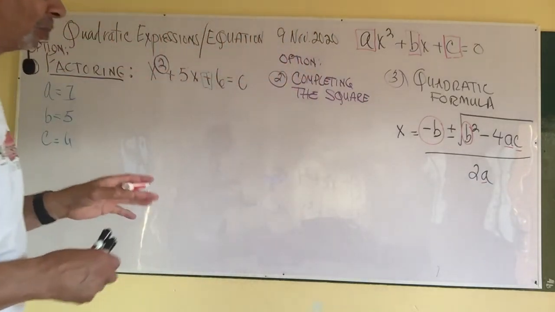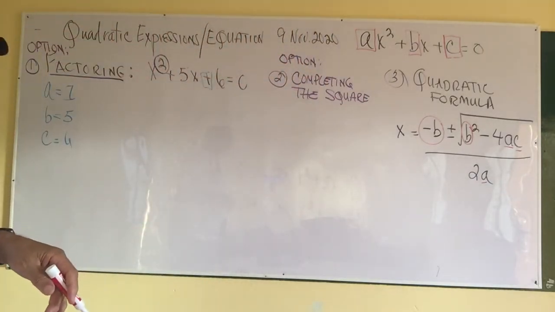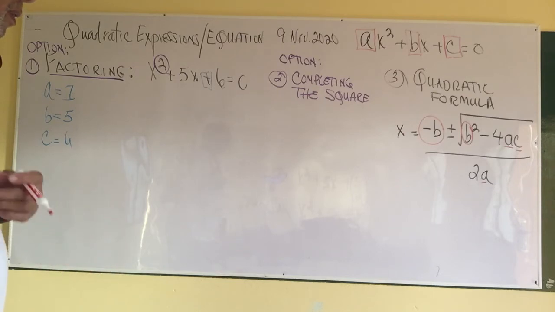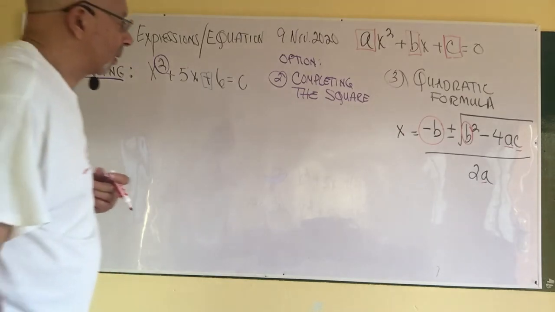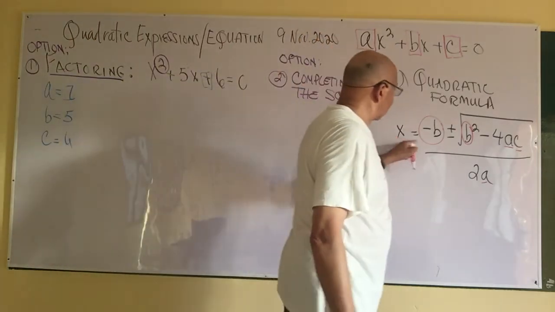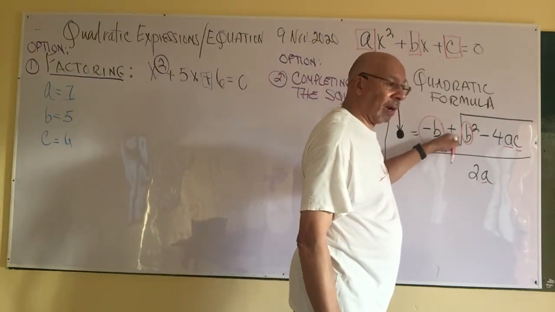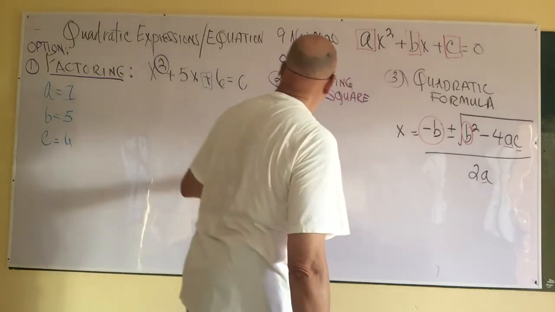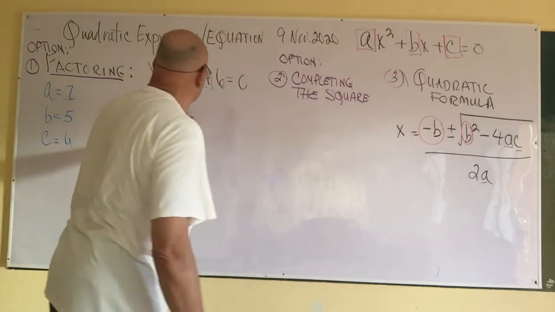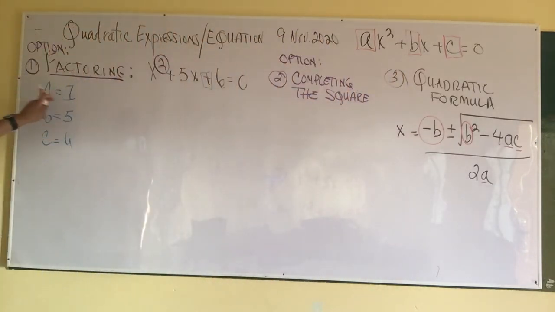But if you can just plug into your formula, the quadratic formula, you'll get your answers for x. And you can see that the plus or minus will give you the two options right here. So let's do the same problem we've been doing, where we can see a is 1, b is 5, c is 6.